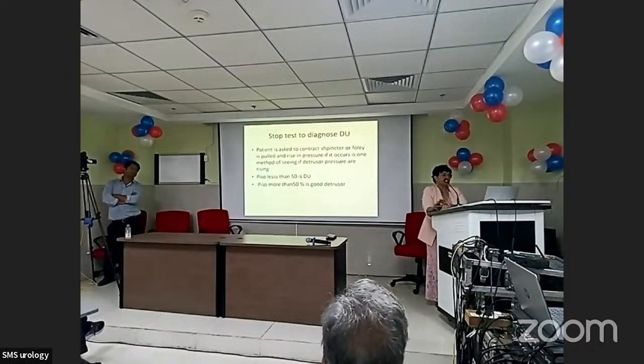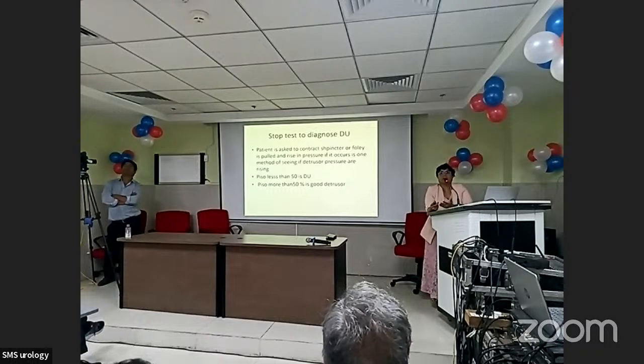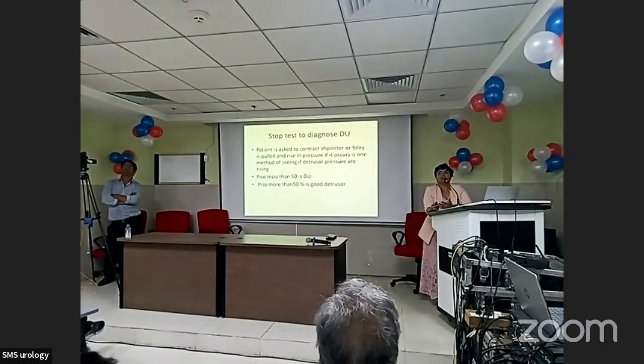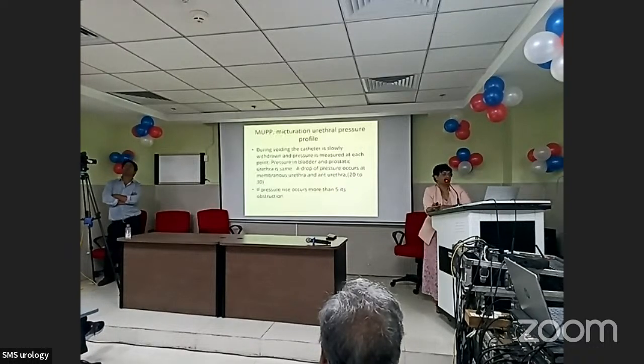And this P-ISO, that is isometric bladder pressure, if it is less than 50, the detrusor is underactive. And if it is more than 50, it is a good detrusor. So this is one more test. So I'm trying to tell you that there are various tests which are devised by various people to try and define detrusor underactivity. So this is also one more test, that is the stop test.